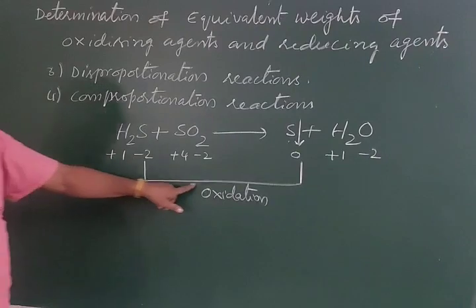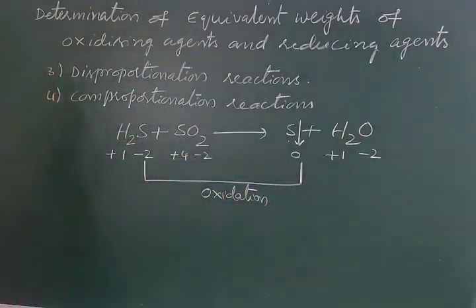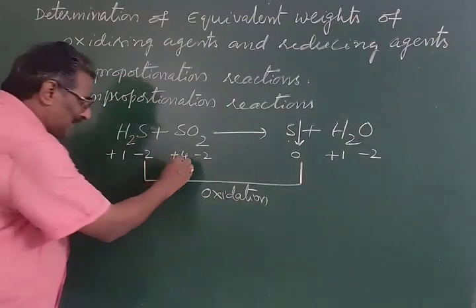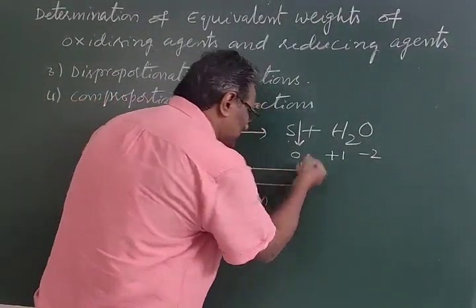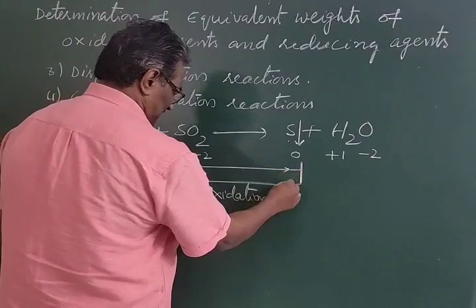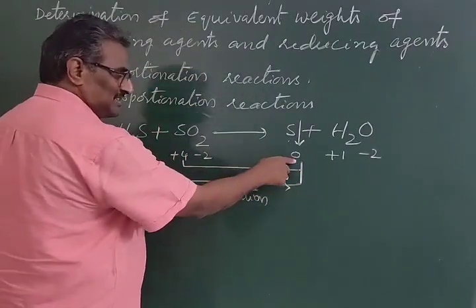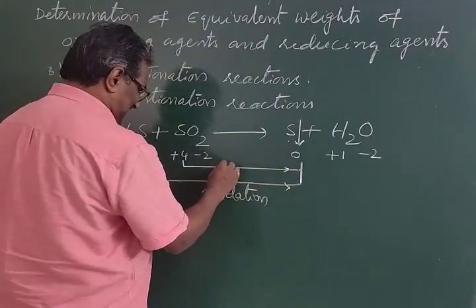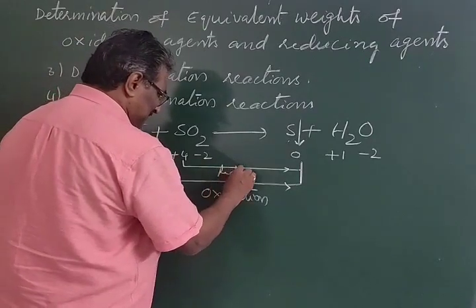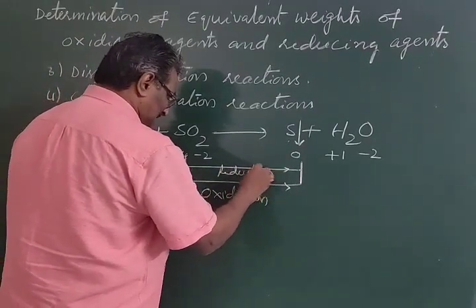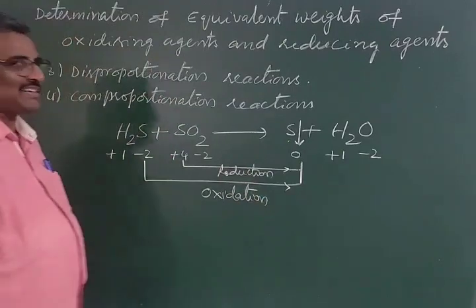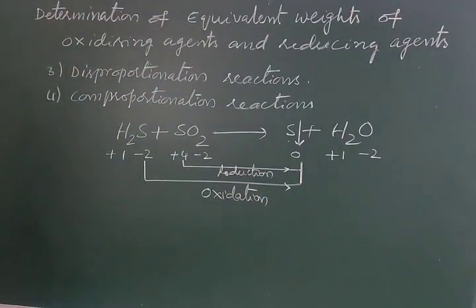This reaction is oxidation, which means in this reaction sulfur is acting as a reducing agent. Here plus 4 is changing to 0. Decrease in oxidation state. So this is reduction. So in this reaction sulfur is acting as an oxidizing agent.